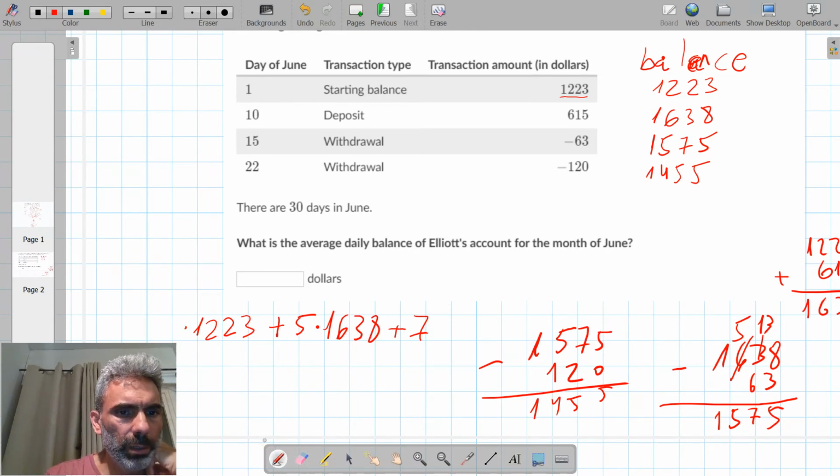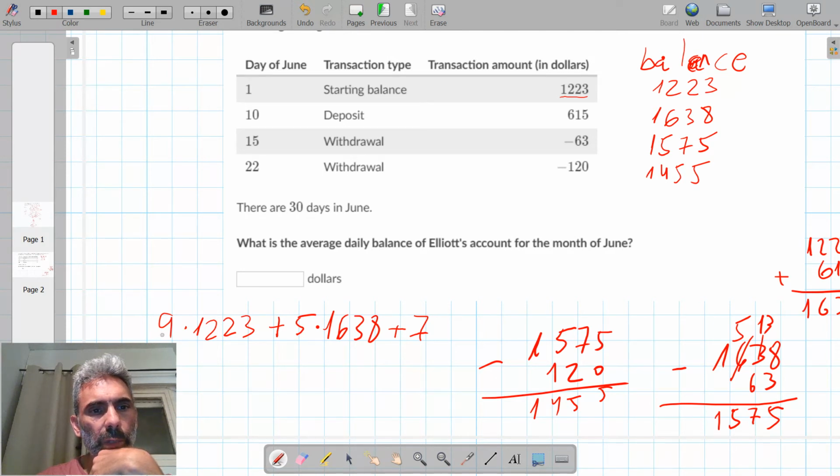This is not 10 days, this is 9 days. From June 1st to June 10th: June 1, 2, 3, 4, 5, 6, 7, 8, 9. So on June 9th, the balance was 1,223. On June 10th, it became $1,638.